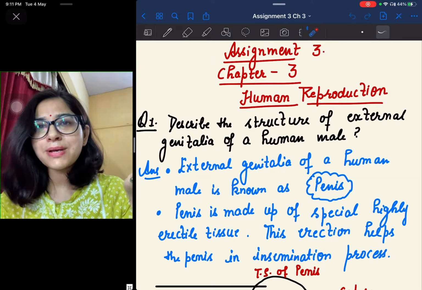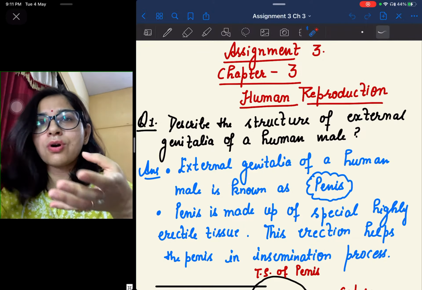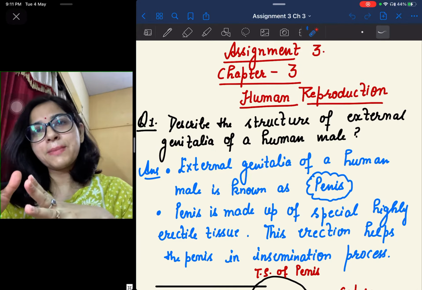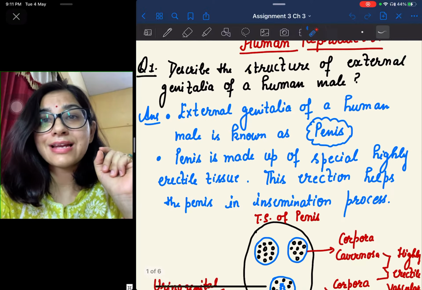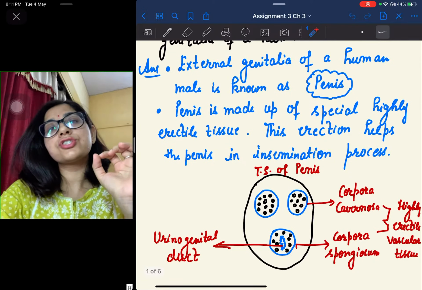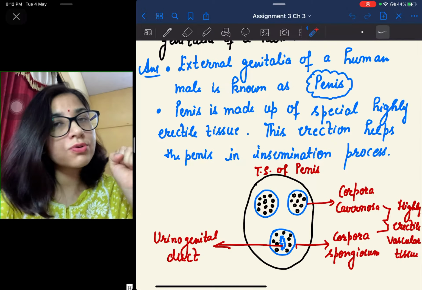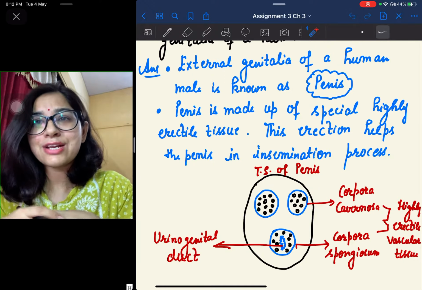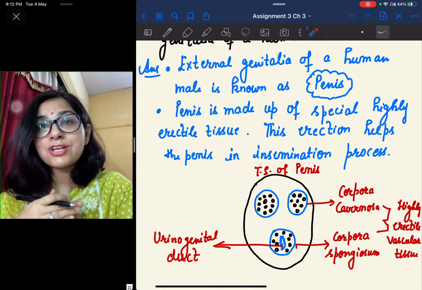Now write down your best answer. We have already told the examiner or the checker that the external genitalia in the males is the penis, and it is made up of specially highly erectile tissue, which is the corpora cavernosa and corpus spongiosum. Now, why does the penis need erection? Because, dear students, we have studied insemination.